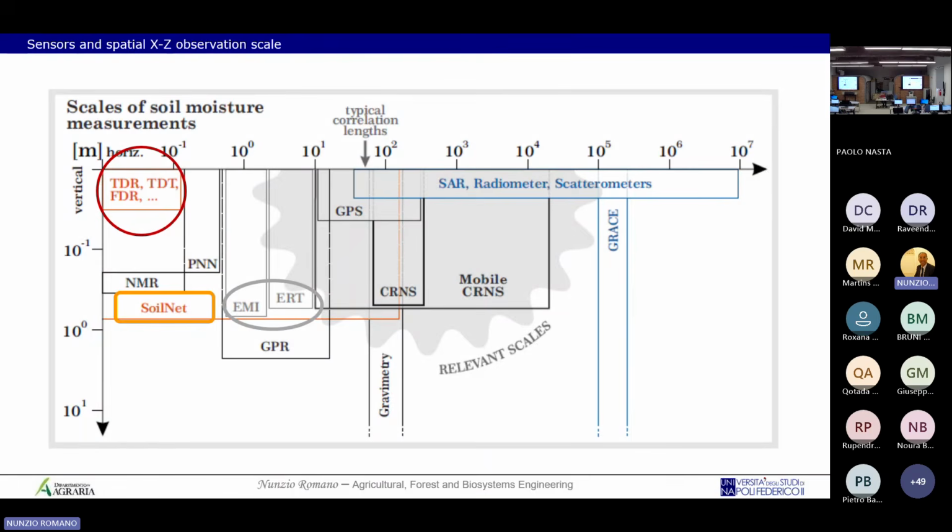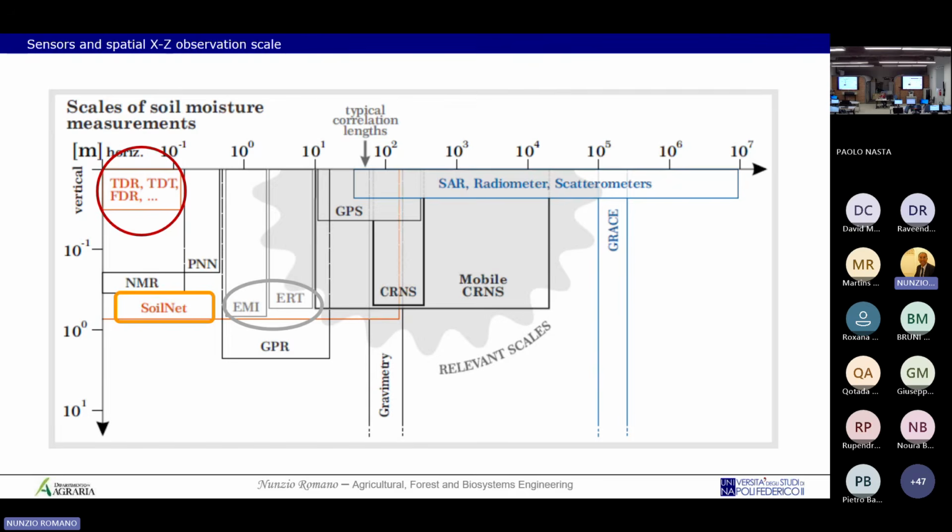One thing is to have a local measurement, for example, the capacitance probes, connected in a wireless system and, of course, accounting for the money that you have available, to cover different parts of your study area.